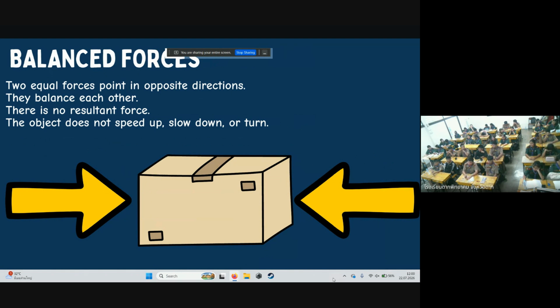And sometimes forces are equal, they are balanced. Like here, there is one force pushing to the right, another force pushing to the left. And these two forces are equal. If they are equal, that makes them balanced.